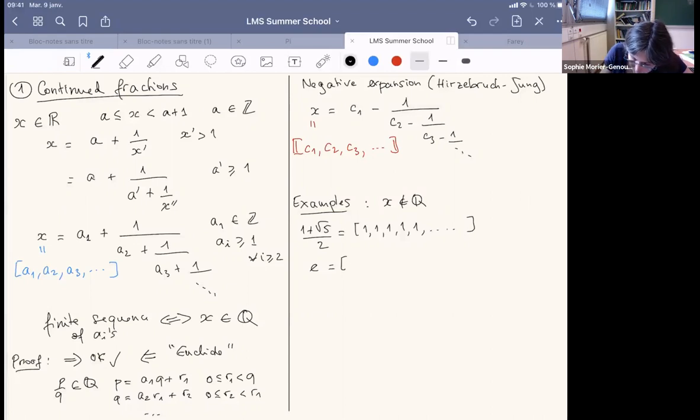You know that the integer part of e is 2. It's 2 dot something, and then the expansion is 2, 1, 2, 1, 1, 4, 1, 1, 6, 1, 1, 8, 1, and so on. So there is this kind of regularity: 2, 4, 6, 8 between a couple of ones. So it's pretty nice.